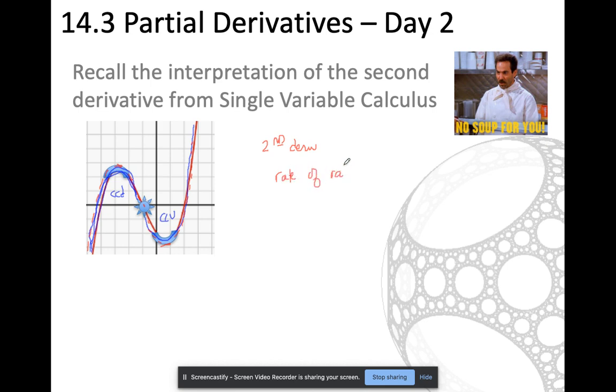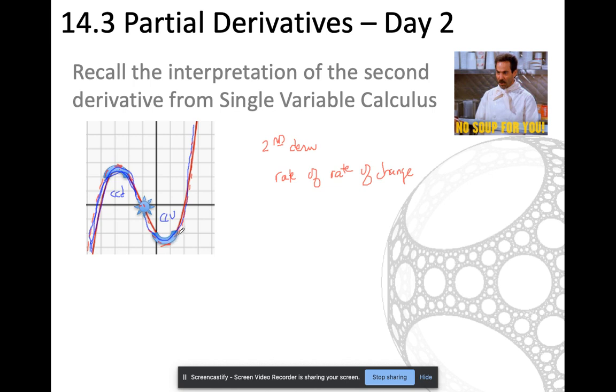It's the rate of change. In other words, what are your tangent lines doing? Your tangent lines are positive, but your tangent lines are decreasing to 0. Your tangent lines are negative and still decreasing, right? Still decreasing. Then your tangent lines are still negative, but they are now starting to increase, right? The rate of change is increasing. The rate of change is 0.